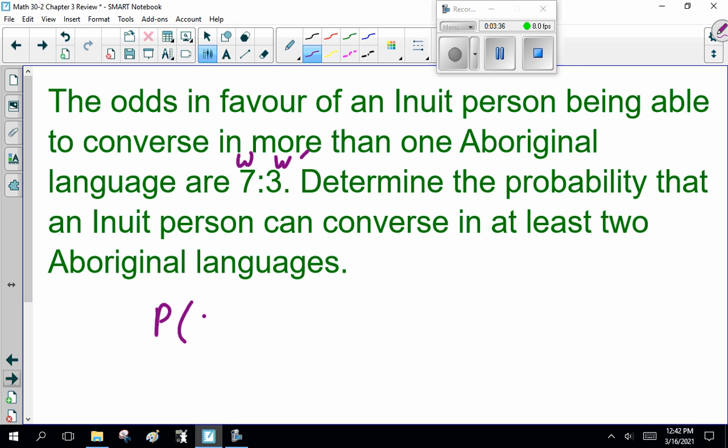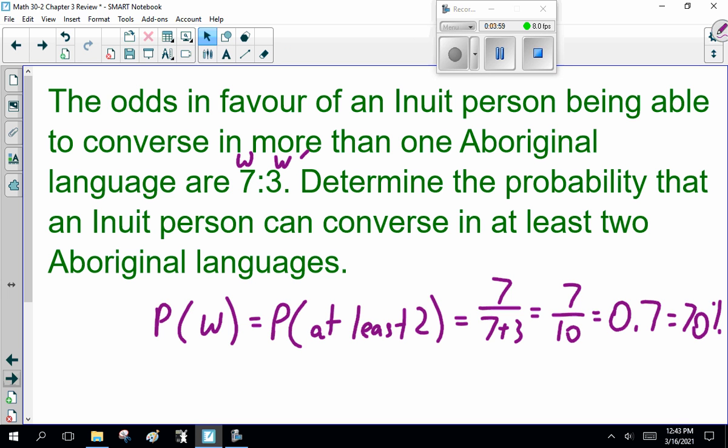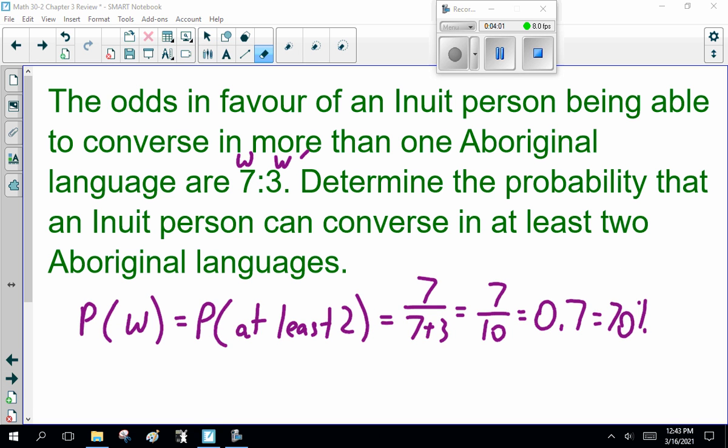So probability, what you want, that is speaking 2 languages, is 7 out of the total, 7 plus 3, or 7 out of 10, which is 70%. Okay? So 70% chance you can converse in at least 2 Aboriginal languages.